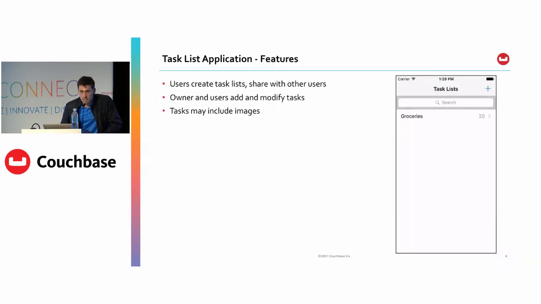So the application I'll show is just a simple to-do application, which has lists, and within those lists, there are tasks which have images on them. All of this data is replicated to the device on the embedded database, and I'll show you a quick demo here.